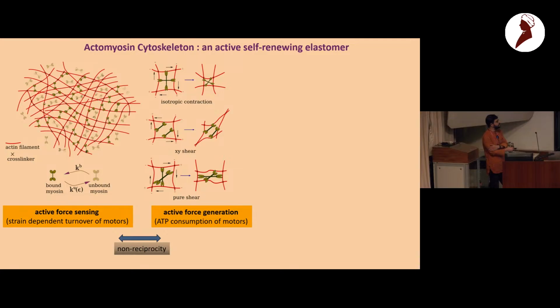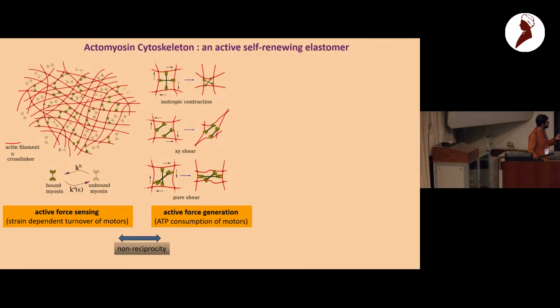Force generation comes from ATP consumption by the myosin motors, and force sensing comes from some other signaling pathways, and these two aspects are unrelated to each other. This is the origin of what we will later see, that such systems are called non-reciprocal systems. Maybe you might have heard this term yesterday from Vijay's talk. So this is the origin of non-reciprocity in this system.